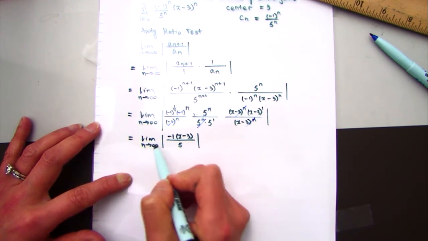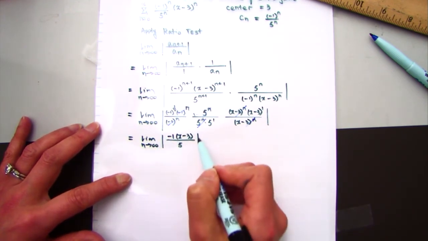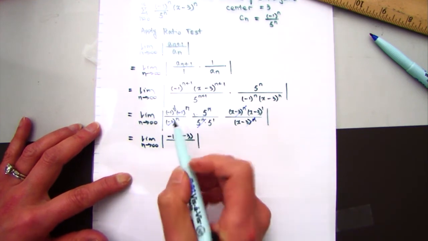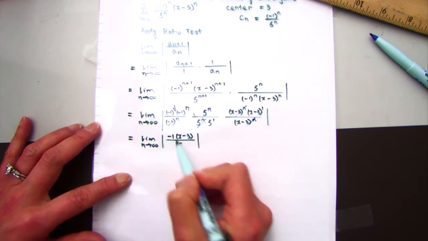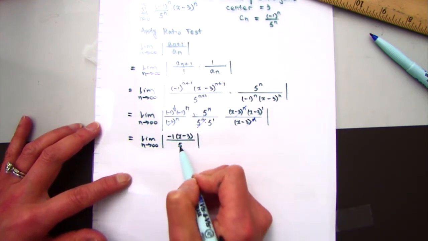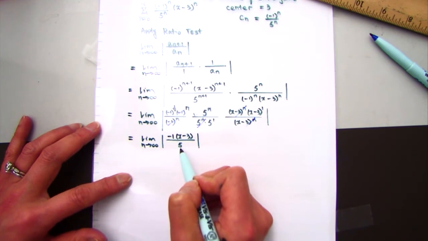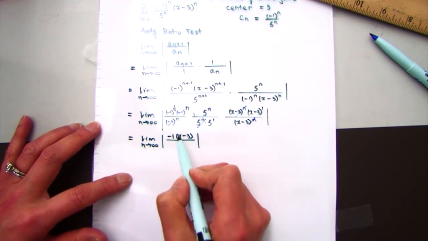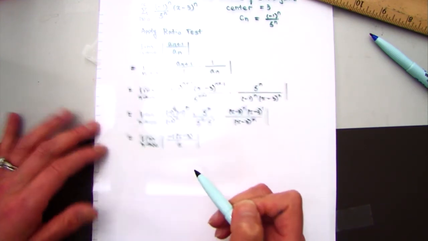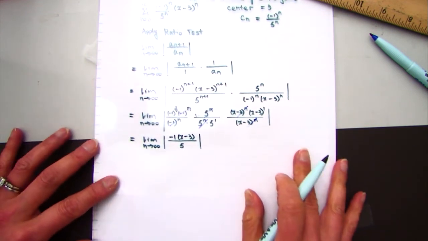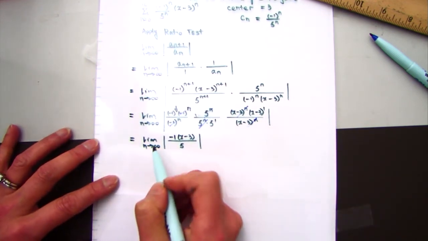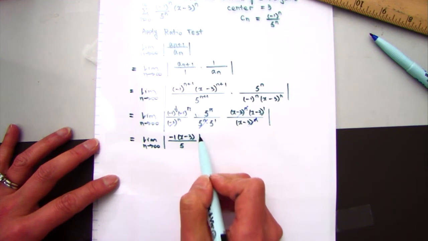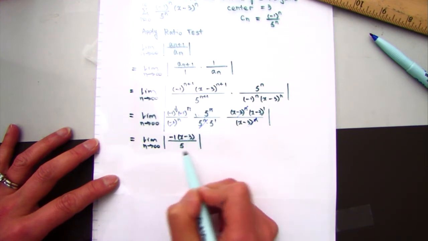I'm going to look at absolute value first. Okay, so absolute value will knock off this -1, and the 5 doesn't need absolute value. So absolute value will be applied to x minus 3 because x is a variable. Okay, and the second part, hey folks, you notice there's no n anywhere?